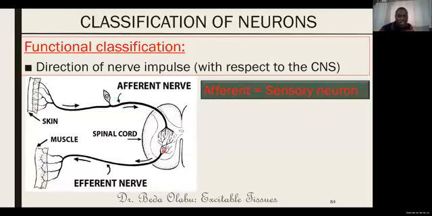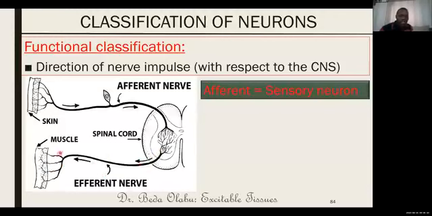Now this one here is carrying impulses from the central nervous system to the periphery, to an effector, in this case muscle, and structurally you realize that that is a multipolar neuron, but functionally we call this neuron an efferent neuron.